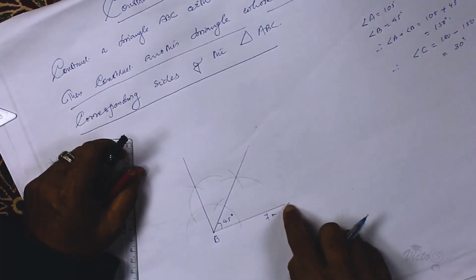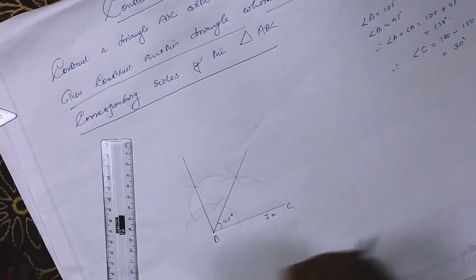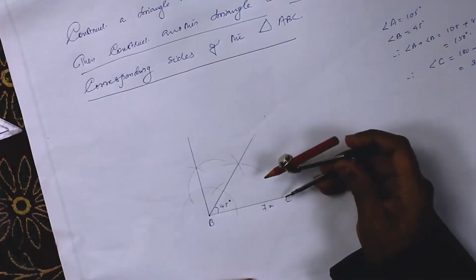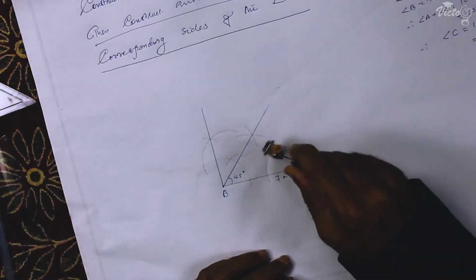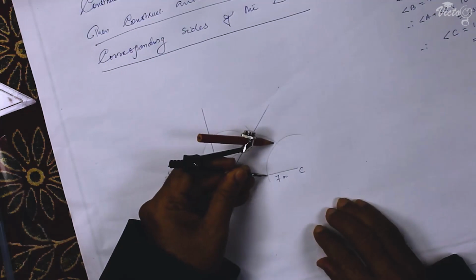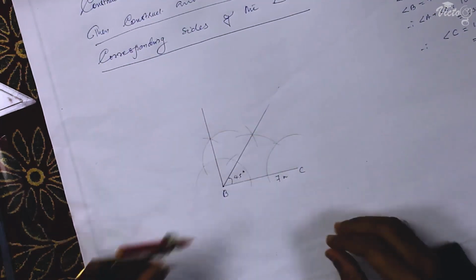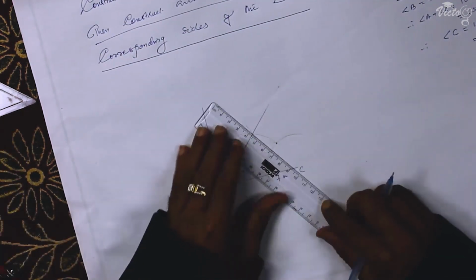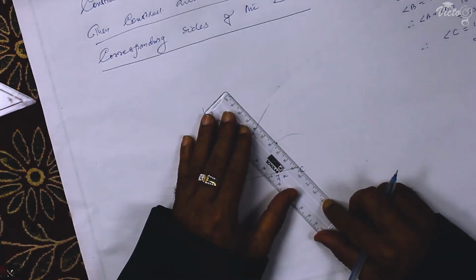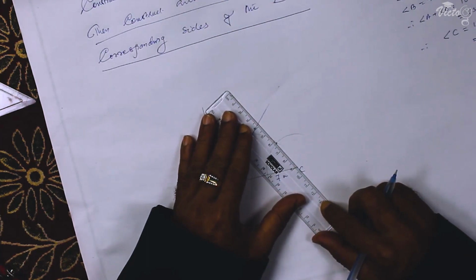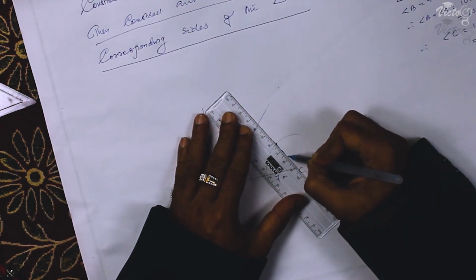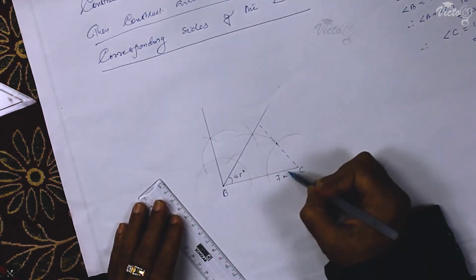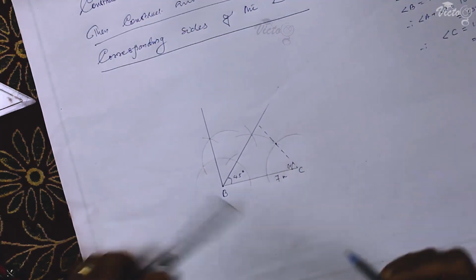We have to construct 30 degree at the vertex C. For that, we have to construct angle 60 degree at C. This angle is 60 degree and we have to bisect it.